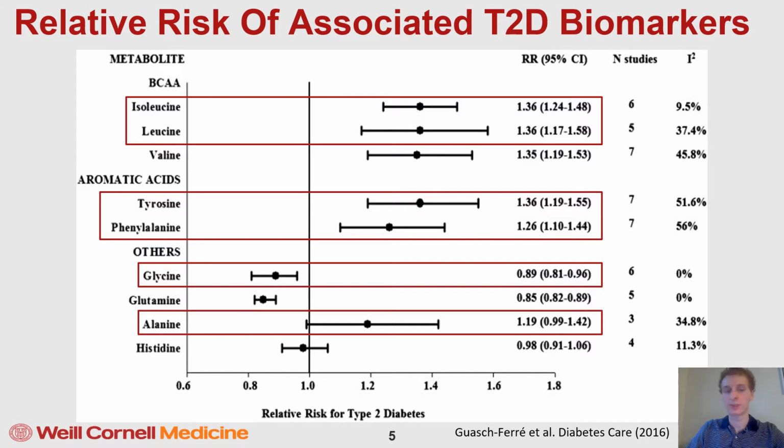And what this showed is that patients with increased levels of these biomarkers at baseline had either a higher risk of incident type 2 diabetes or a lower risk of incident type 2 diabetes. And we boxed in red a few of these metabolomic features, which we will see later on in our own study.